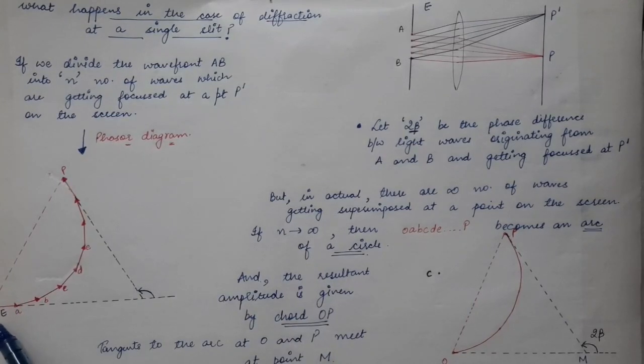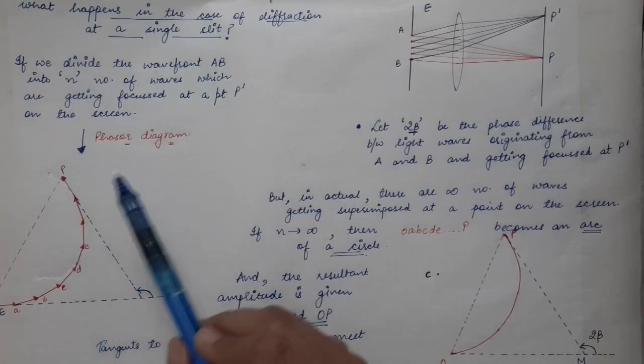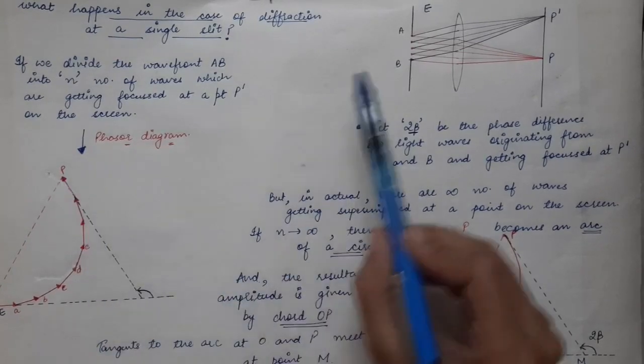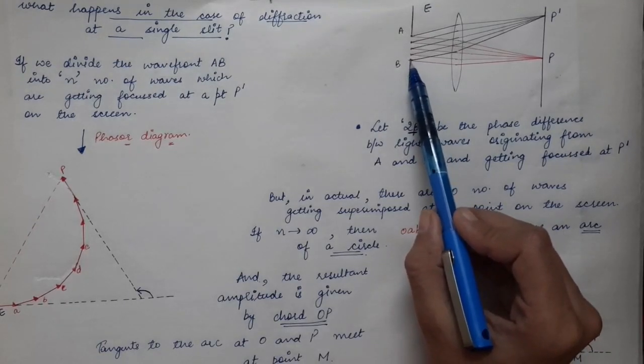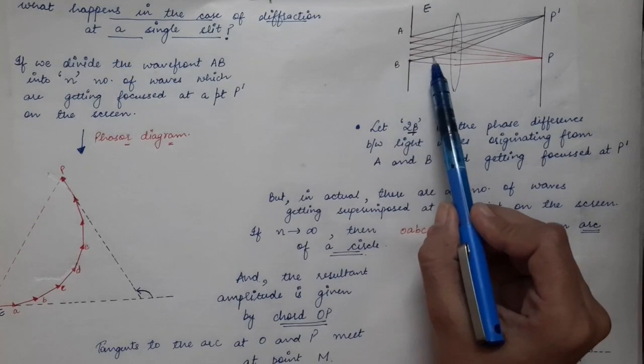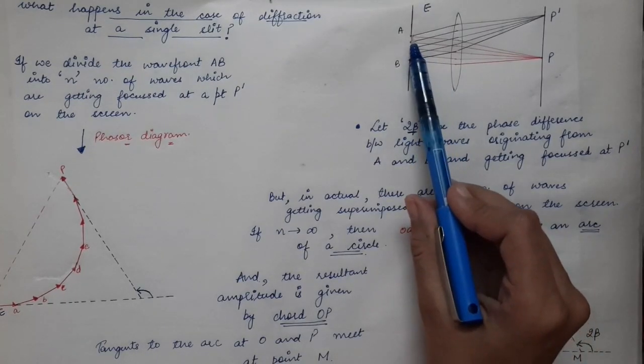So the initial point was capital O in the phasor diagram, and the last point is represented by capital P. Now this last vector represents the last wave, and we have already assumed that the last light wave has a phase of twice of beta with respect to the first.